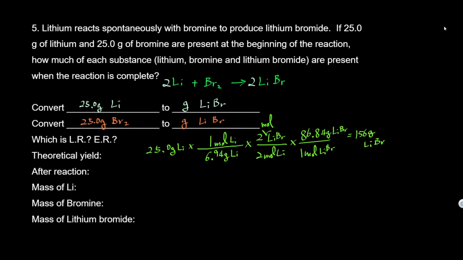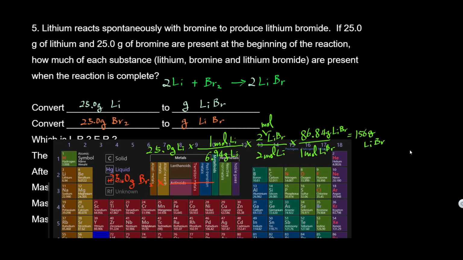Okay, we'll do an orange one now. Let's start with 25.0, 3 sig fig grams of bromine, Br2. We'll multiply by Br2. Let's get the periodic table right there. Br2 is right there.